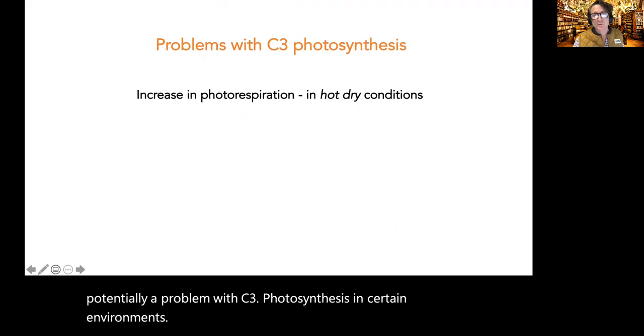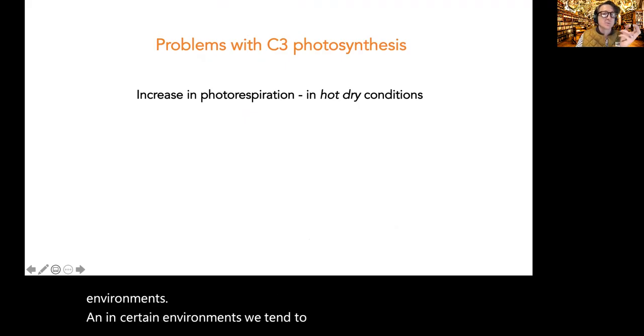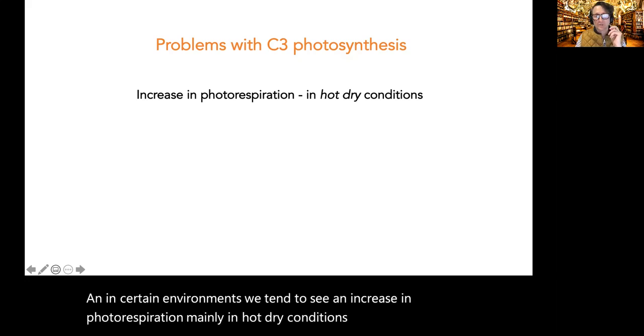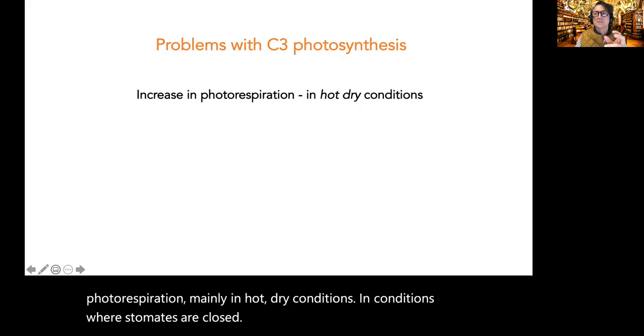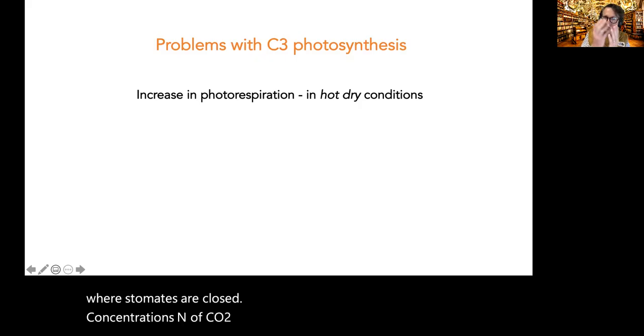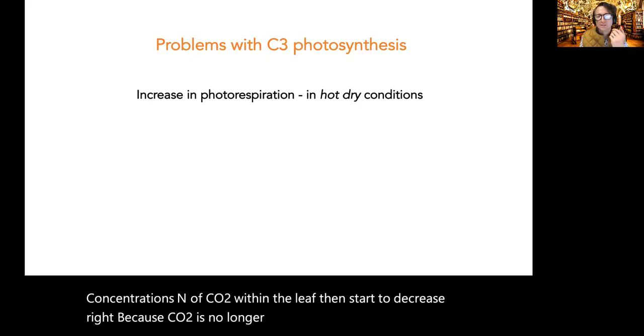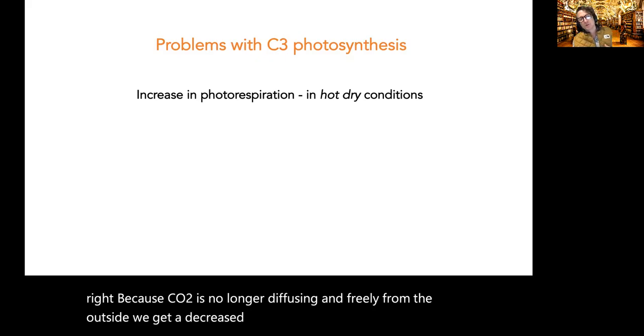And in certain environments, we tend to see an increase in photorespiration, mainly in hot, dry conditions. In conditions where stomates are closed, concentrations of CO2 within the leaf start to decrease, right? Because CO2 is no longer diffusing in freely from the outside.